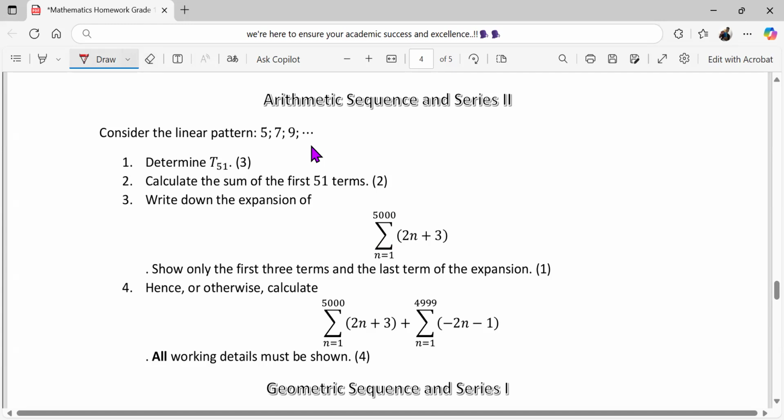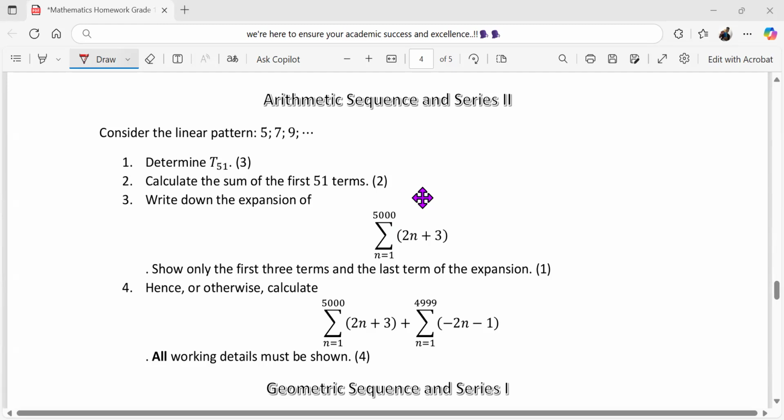But then in our expansion, we only need to show the first three terms and the last term of the expansion. Okay? Well, how do we get the first term? By substituting n equals 1. And when you plug in your n equals 1, you get a 5. When you plug in n equals 2, you get a 7. N equals 3, we get 9.